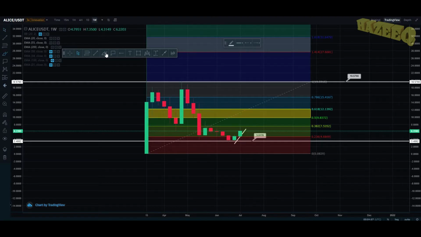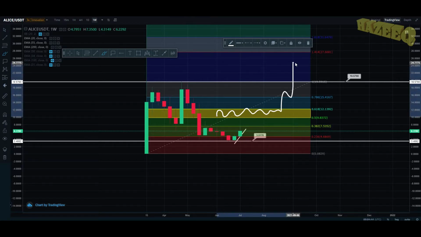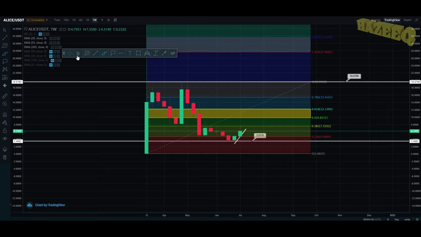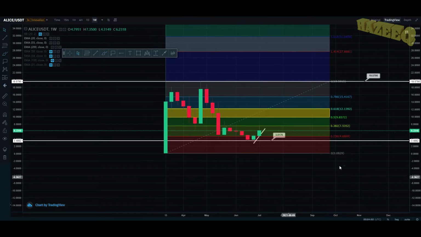And after we do get into there, then there's going to be a lot of sideways movement before we eventually see a pop to the upside. But I'm not saying it's going to play out like that. I'm just saying that that's how it usually plays out, or most of the time.